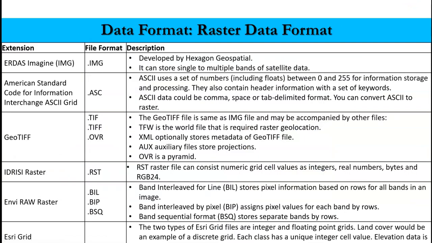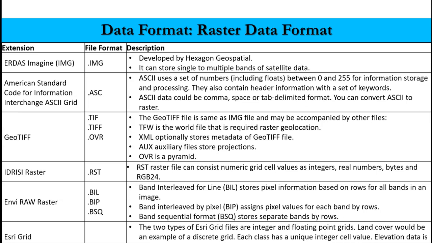Data formats. When we are going to work on rasters and vectors, always keep in mind, if you are opening any data in QGIS, and if you are importing or exporting the data in GIS, always check the format in which you are saving and creating your data. There are many extensions, but here I am just using the mostly and widely used data formats.